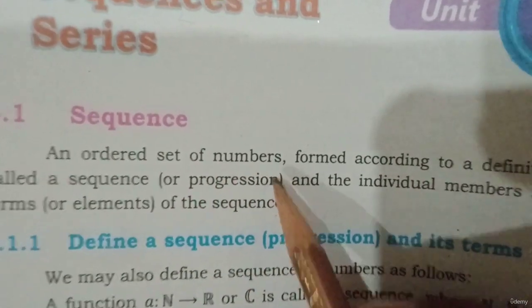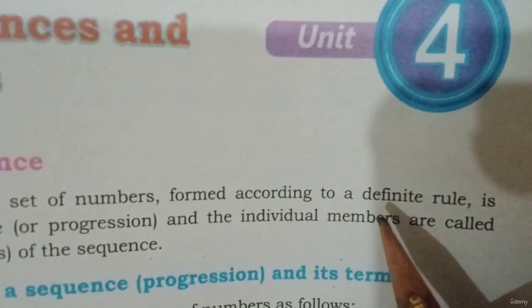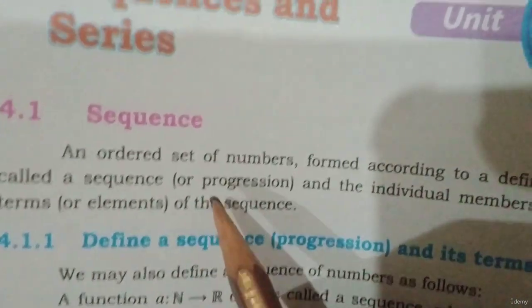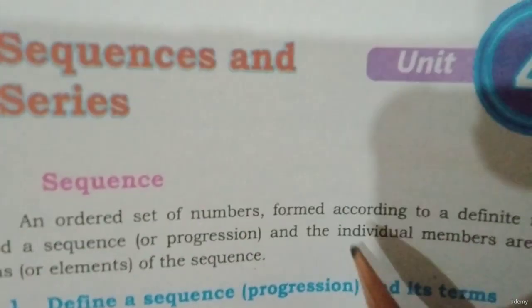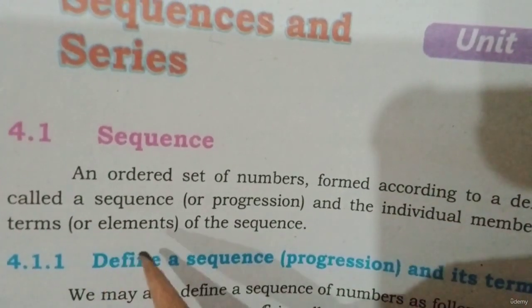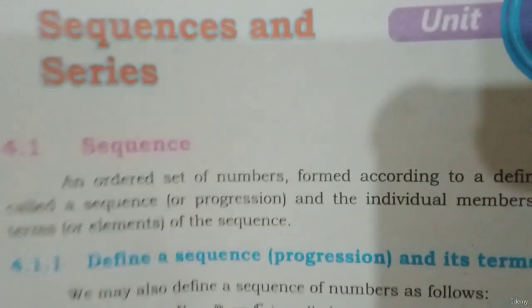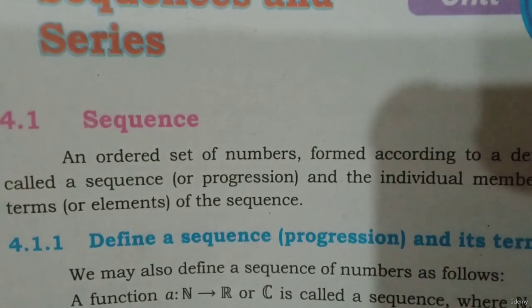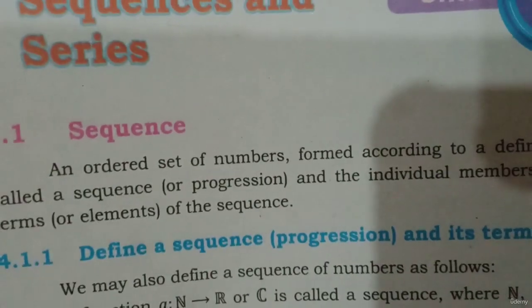A sequence, an ordered set of numbers formed according to a definite rule, is called a sequence or progression, and the individual members are called terms or elements. Now if there is a pattern of numbers, like 1, 2, 3, you can see that they are in a definite order.